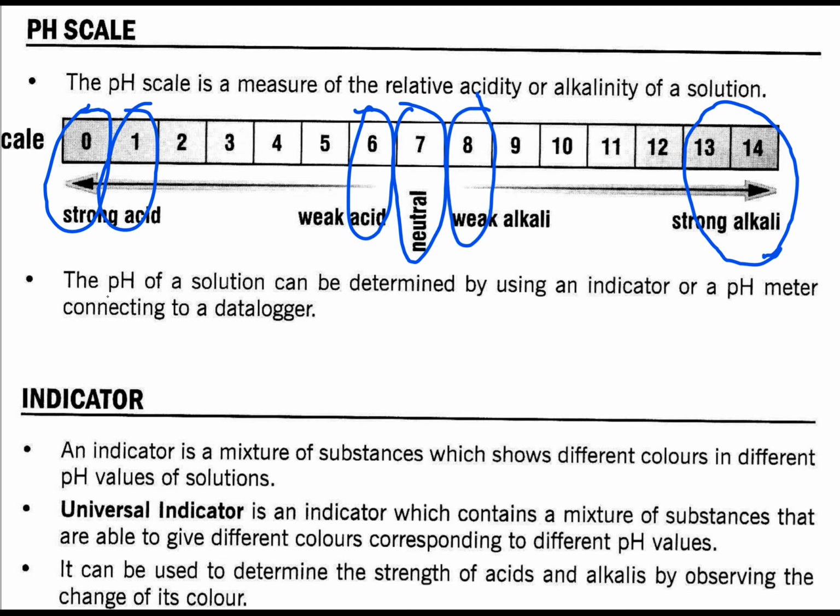The pH of a solution can be determined using an indicator or a pH meter.